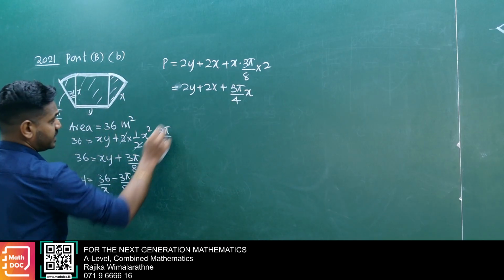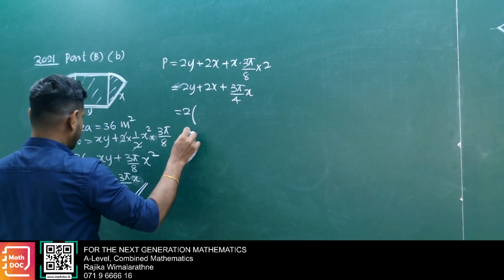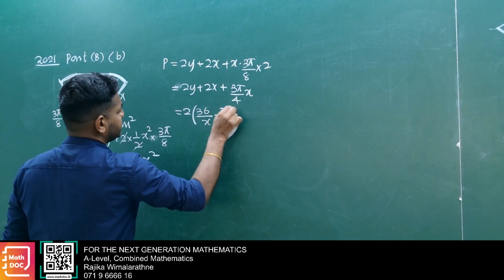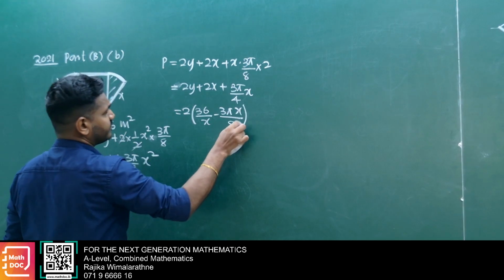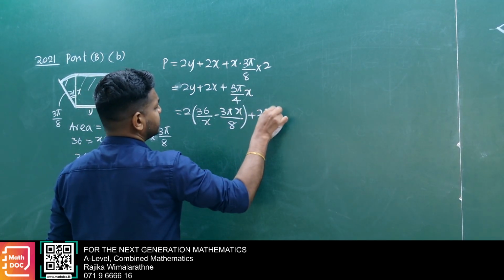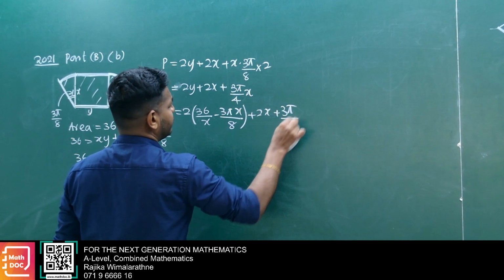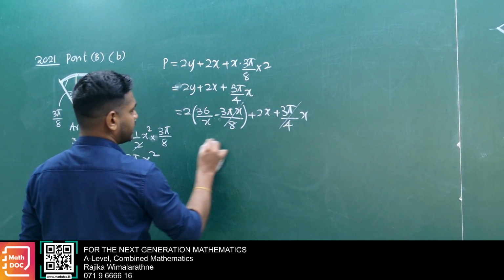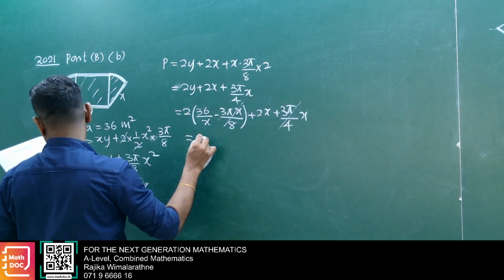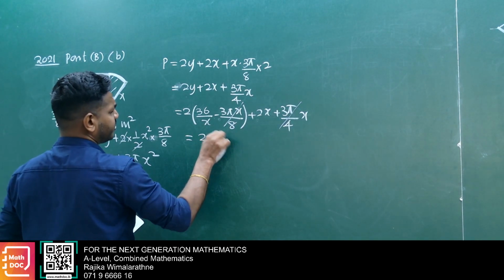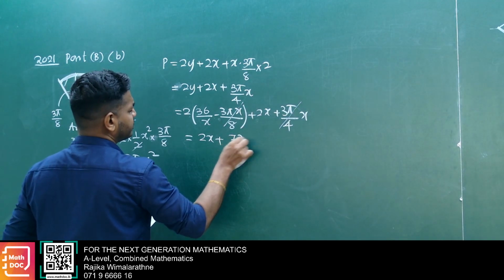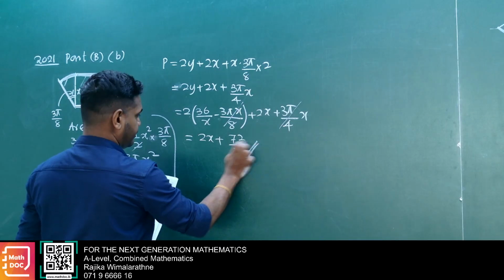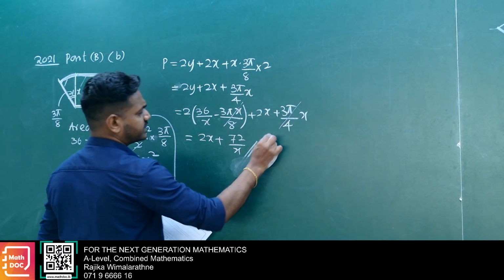Now put this y here. y equals 36 over x minus 3 pi x over 8, so P equals 72 over x minus 3 pi over 4 x plus 2x plus 3 pi over 4 x. The 3 pi over 4 x terms cancel, leaving P equals 2x plus 72 over x, with x greater than 0.